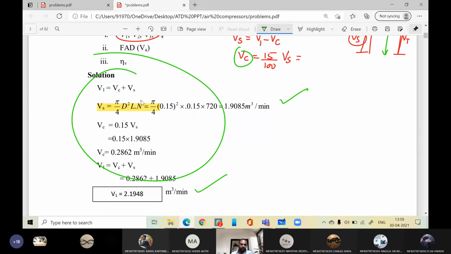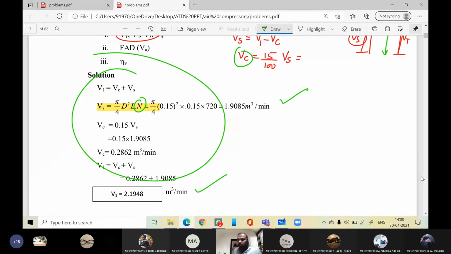This is very important, multiplying with N. If it is double acting, it will be 2 times the N. If it is single acting, it is 1 times the N. Please respond. Is it okay? V1. Yes, sir.